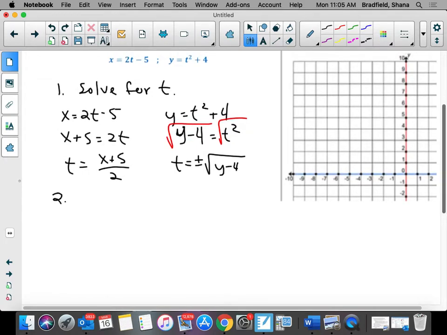Well, in my second step, since now both equations are written equal to t, if they're both equal to t, they're equal to each other. So set the equations equal to each other.